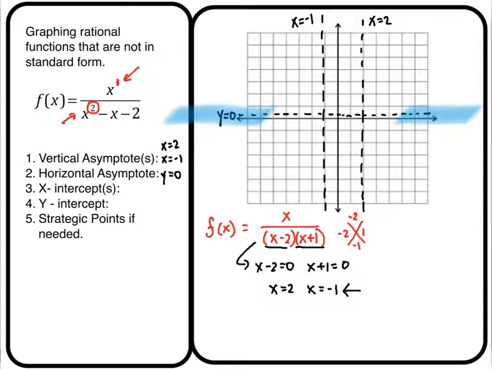In the middle, sometimes the actual graph can cross the horizontal asymptote, because a horizontal asymptote only predicts the trajectory of the function as x gets really large or really, really negative.